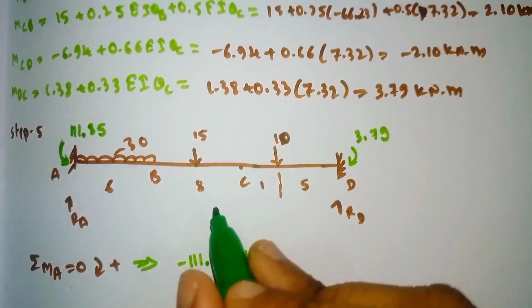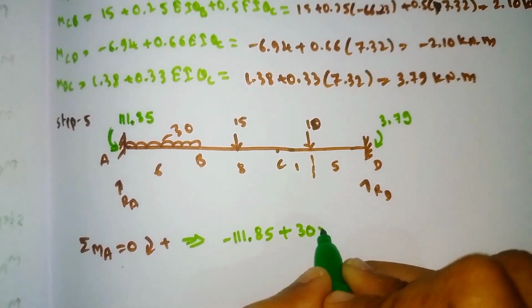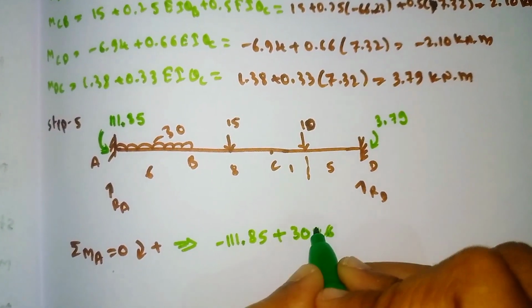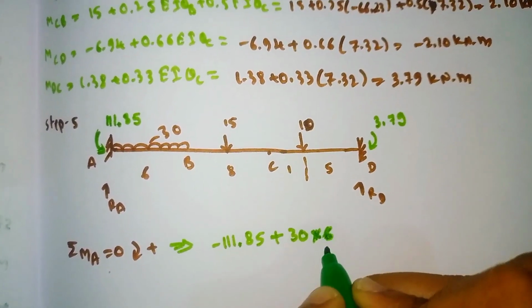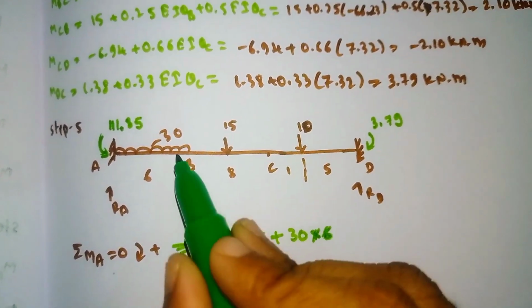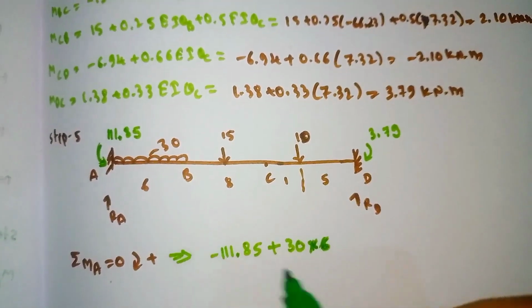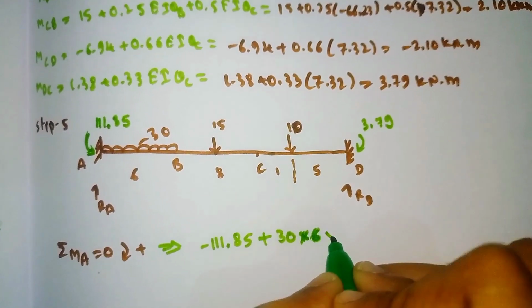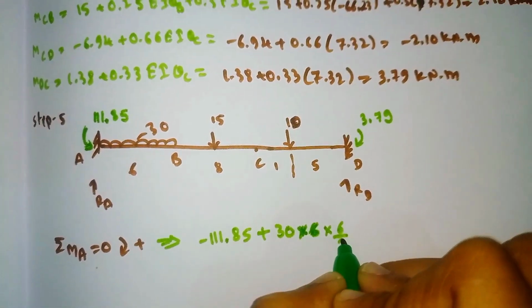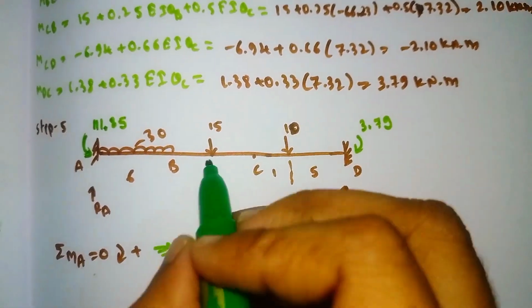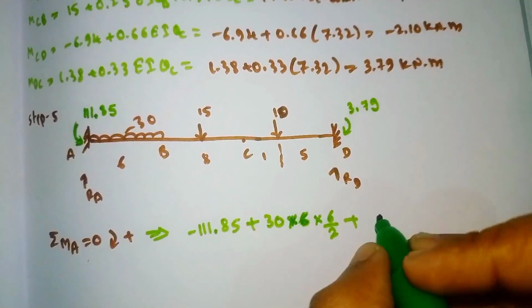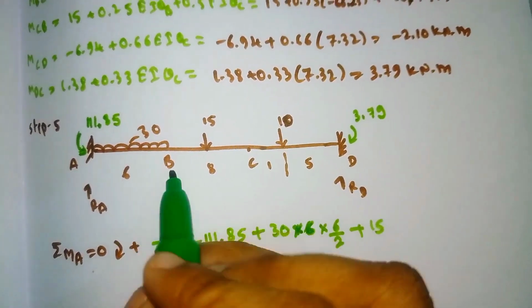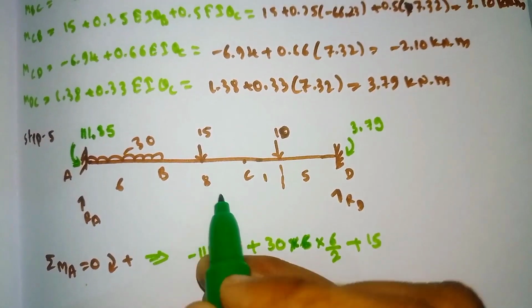Our UDL is 30 into 6. To convert it to a point load, we multiply 30 into 6. The UDL always acts at a distance of L by 2, which means 6 divided by 2, and it is also clockwise. So 15 into the distance.